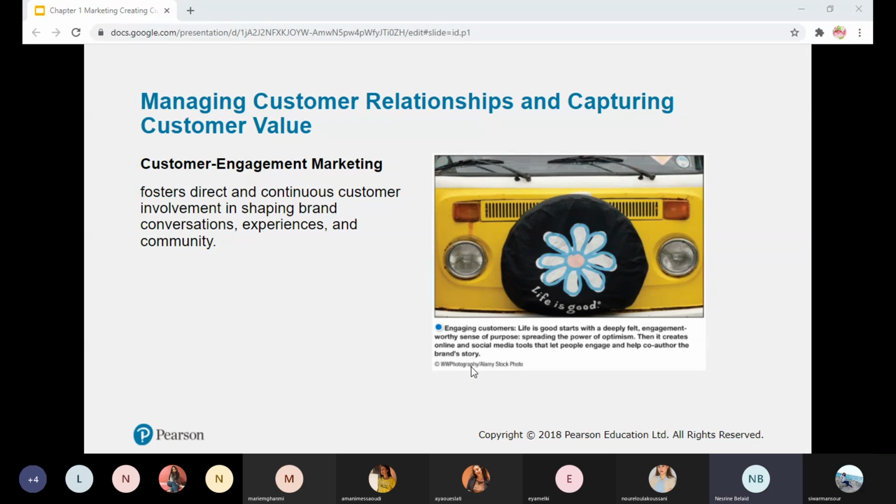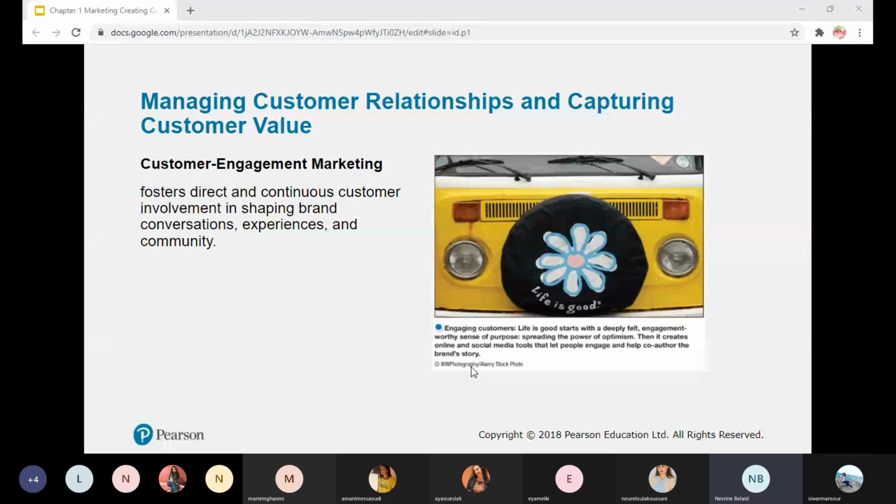Partner relationship management involves working closely with partners in other company departments and outside the company to jointly bring greater value to customers. There could be partners inside the company and partners outside the firm, and the partners outside the firm could be the strategic partners, the supply chain management. Okay?